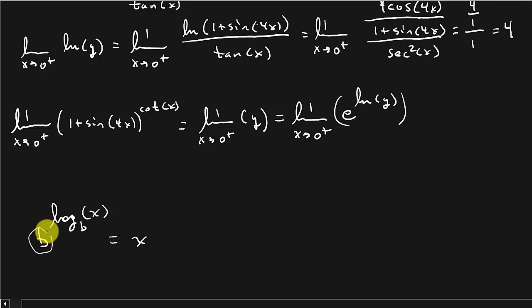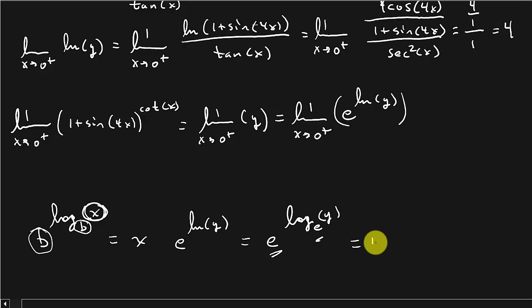If the base of the exponent and the base of the log are the same, then your answer is what you're taking the log of. And isn't e to the natural log y the same thing as e to the log of y with base e? Remember, natural log is log base e. So this and this are the same. Your answer is y. It's just a different way to write y.